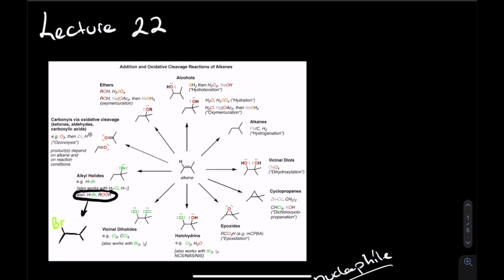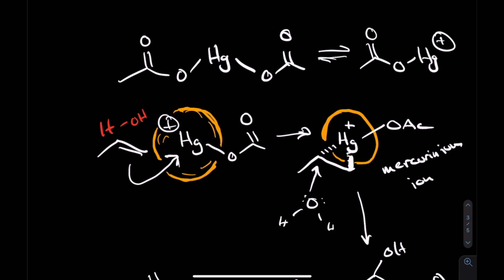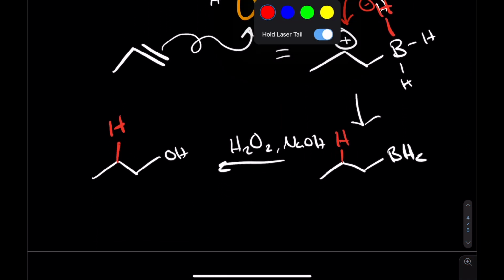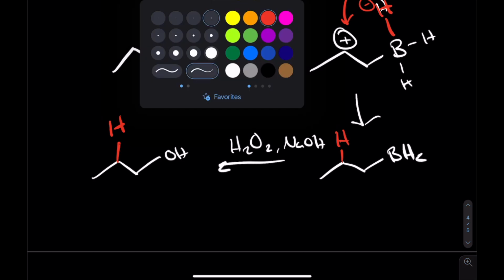Boranes can also generate the anti-Markovnikov product if, instead of throwing in sodium hydroxide and hydrogen peroxide, you instead threw in Br2, for instance.